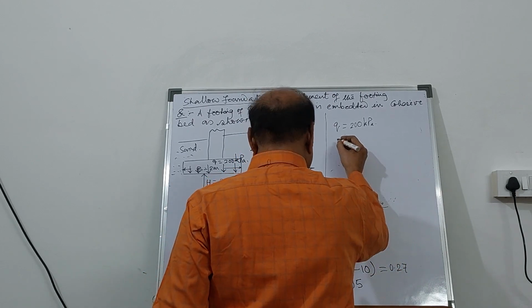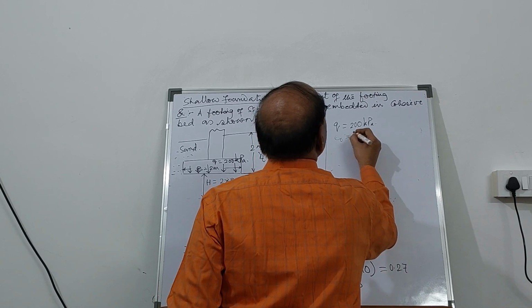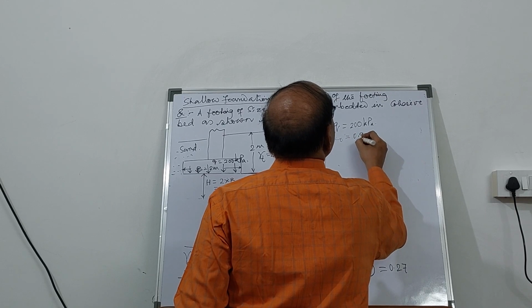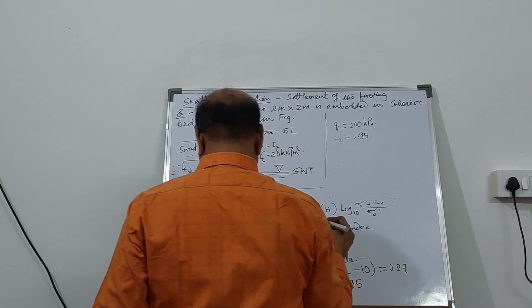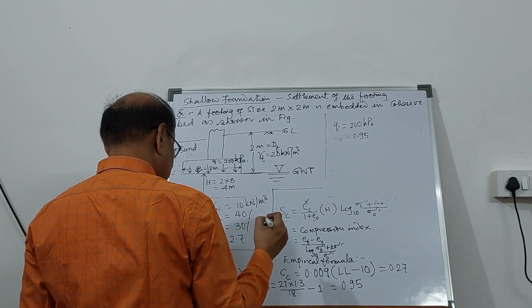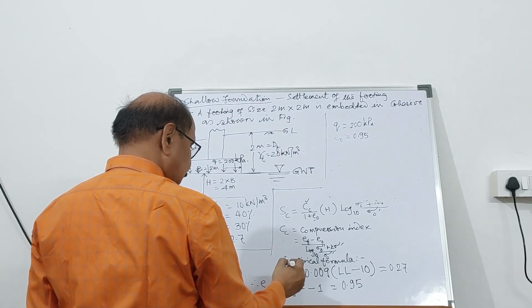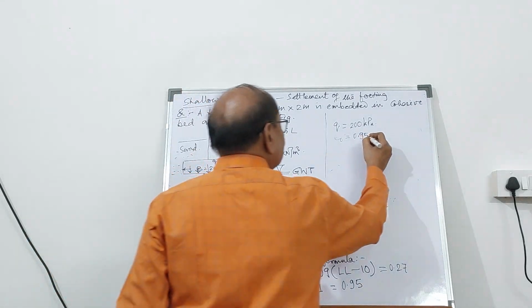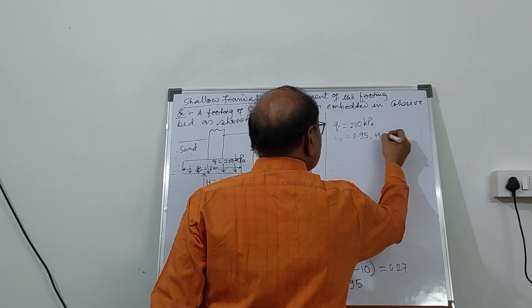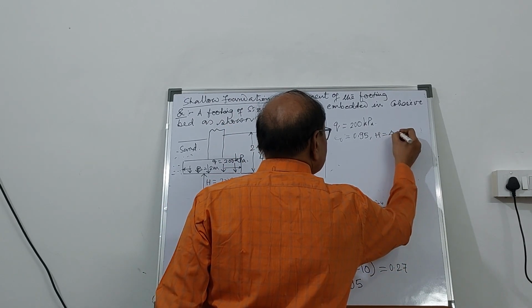Now the value of e naught we have calculated as 0.95, and the H below the base of the footing is going to be 4 meter.